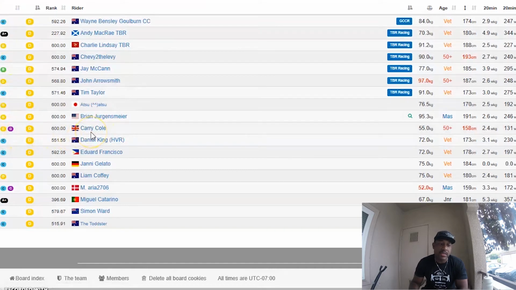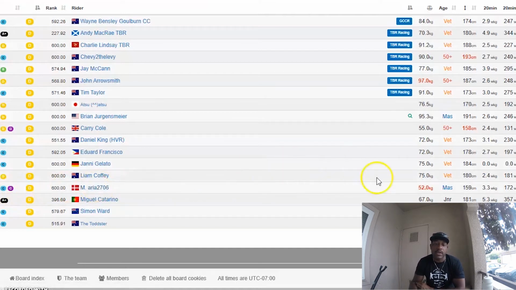Carrie Cole, this purple D, lets it be known that it's a woman racer, and that she's also a D grade. So she is racing the D series category, but her actual grade for racing is D grade. And then you see here for M. Aria, she's a C grade, and she's also a woman. So that's what the purple identifies, is that the rider is a woman.